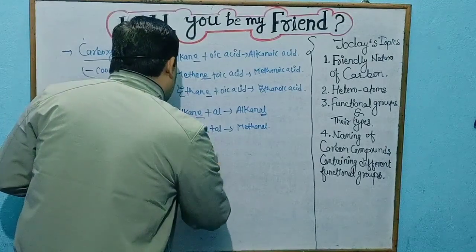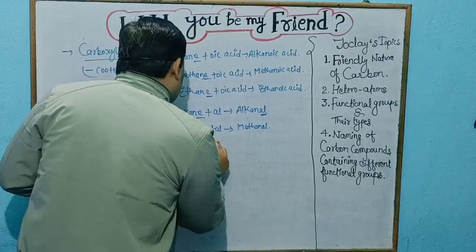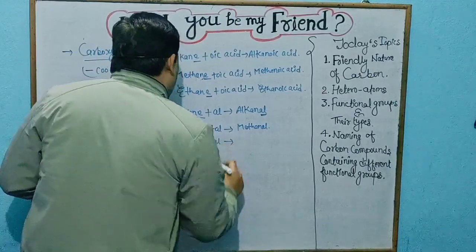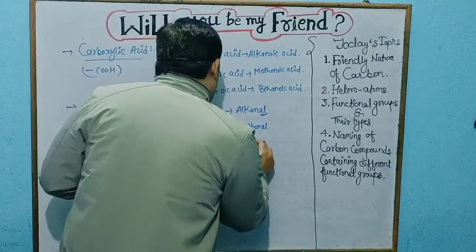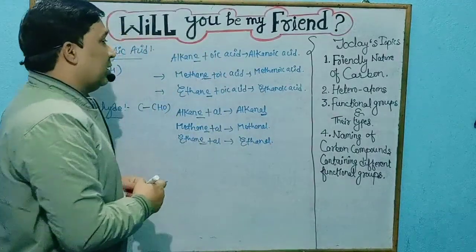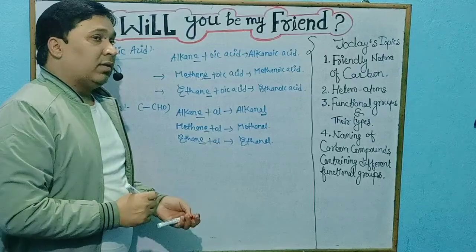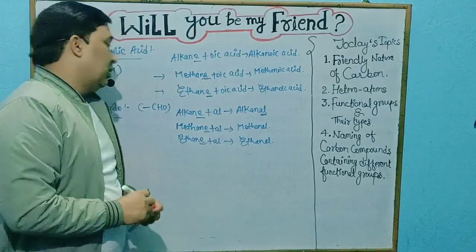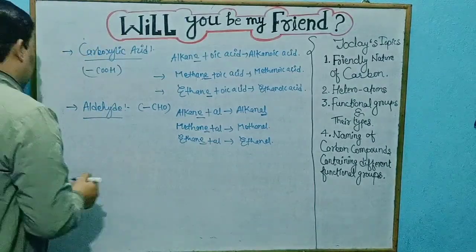So we replace E of ethane and add AL to it. It becomes ethanal. Similarly, you can write butanal, pentanal, hexanal, etc. Now the last one is ketone.